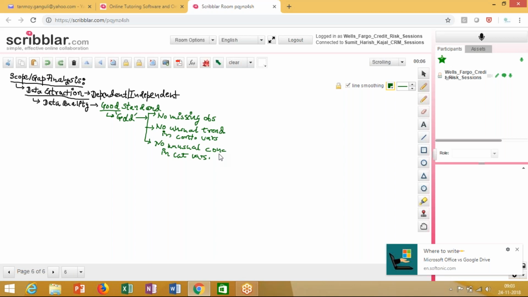So how do we ensure that a data is of a gold standard? Now, to do this, we perform a trend analysis of each of these.